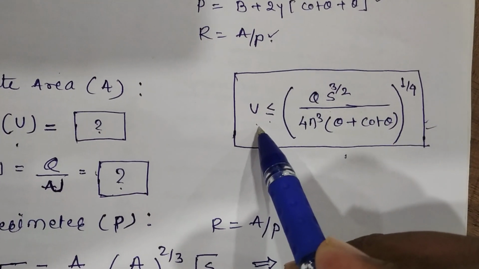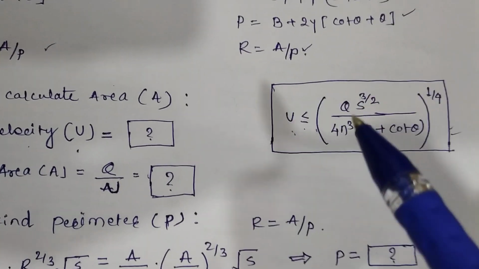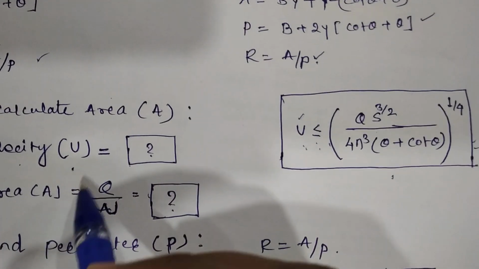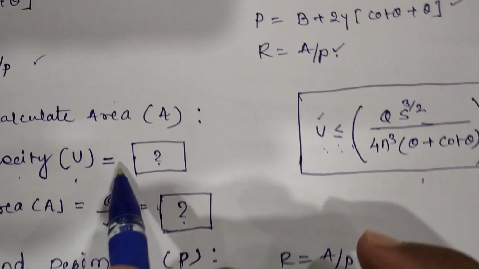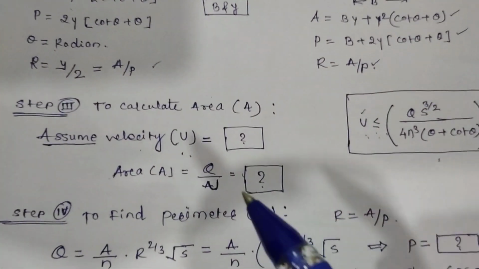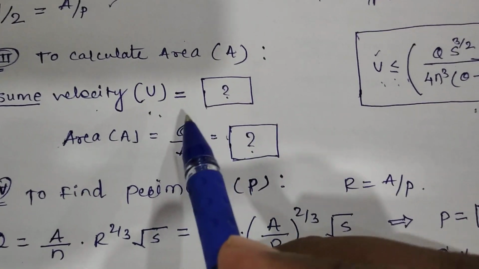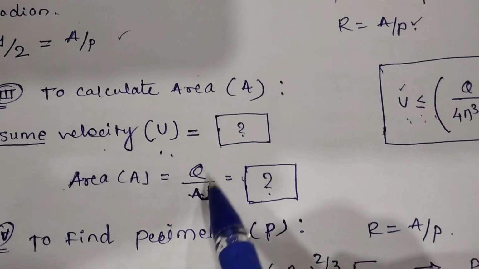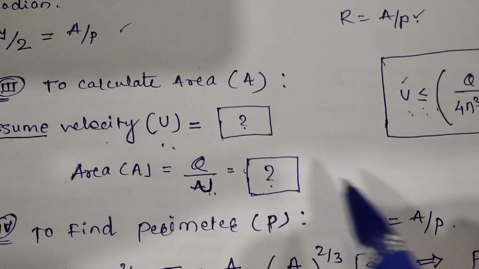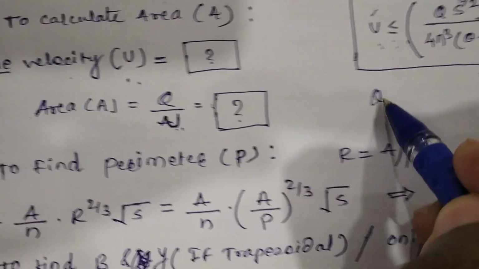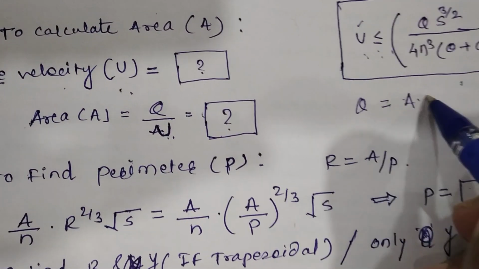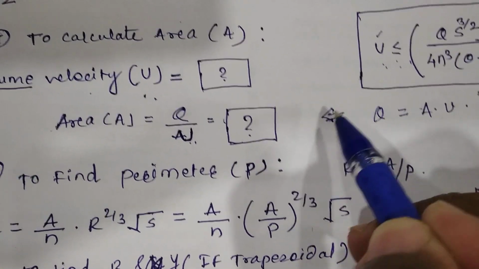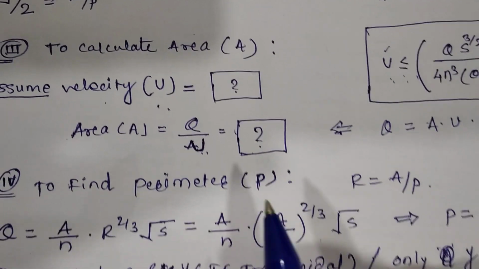Assume the velocity to be less than this value, this U. Then you get the U value, and you can easily calculate the area of the section. Area is equal to Q by U, from the continuity equation Q equals area times velocity.